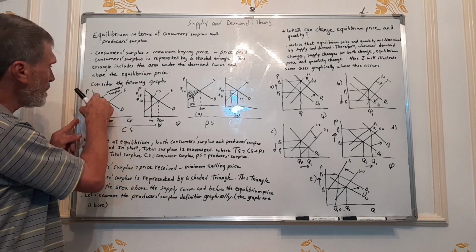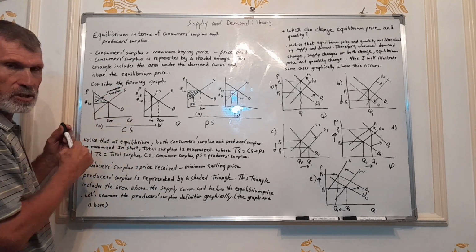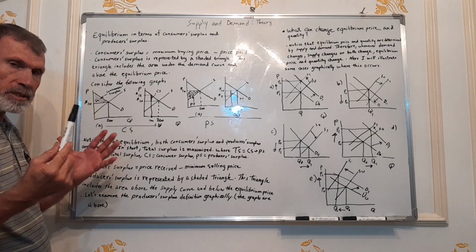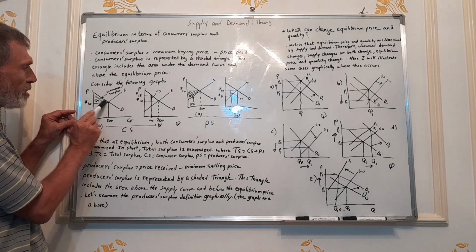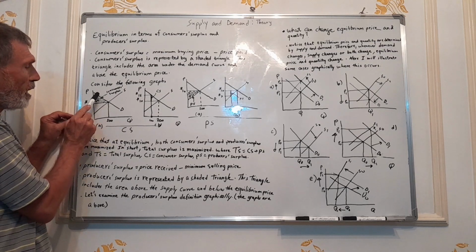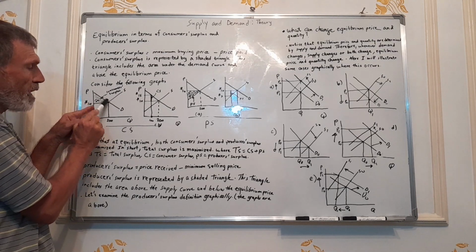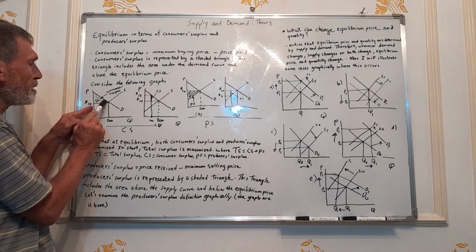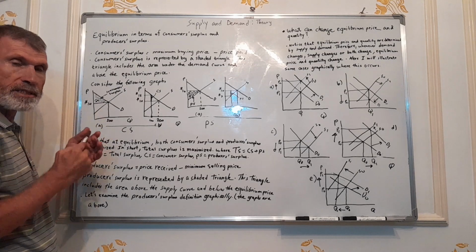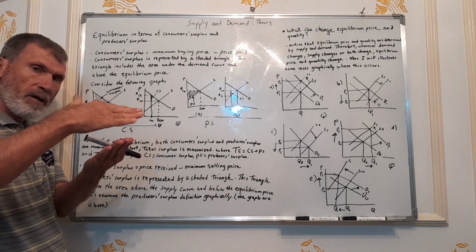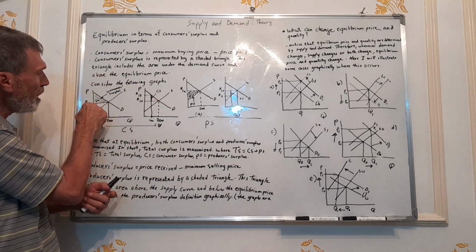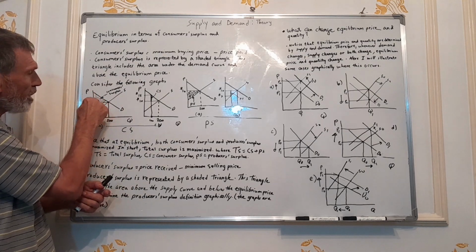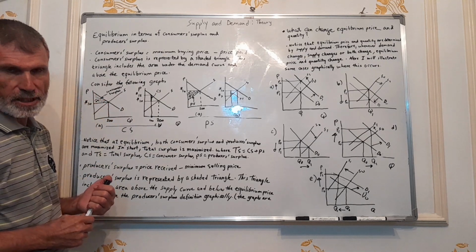Here this is the demand and this is the supply. So it is the area under the demand and above the equilibrium price. This triangular area is called consumer surplus.